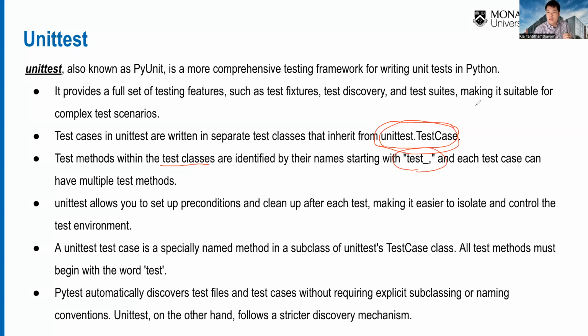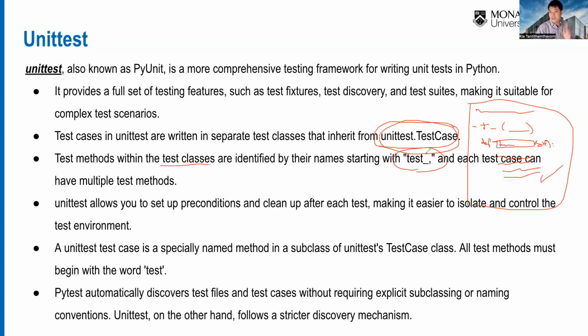So let's say this is a test file. We import the unittest class. We want to test something, so we inherit from unittest and define the test method here, starting with test. Then everything will be the assert statements here.